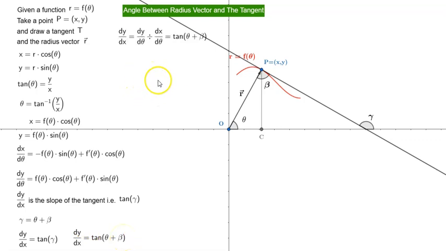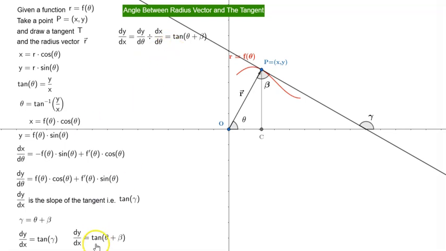Using dy by d theta and dx by d theta, we can arrive at dy by dx by dividing dy by d theta by dx by d theta, equal to tan of theta plus beta.